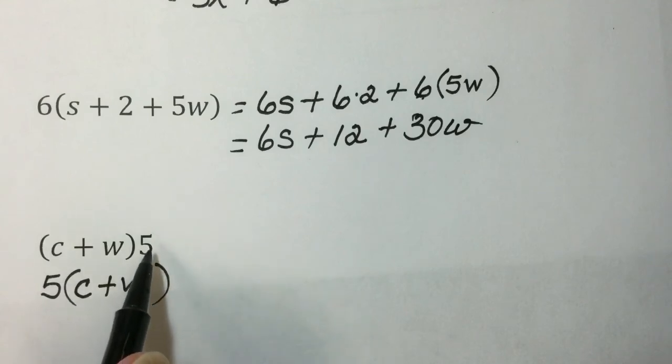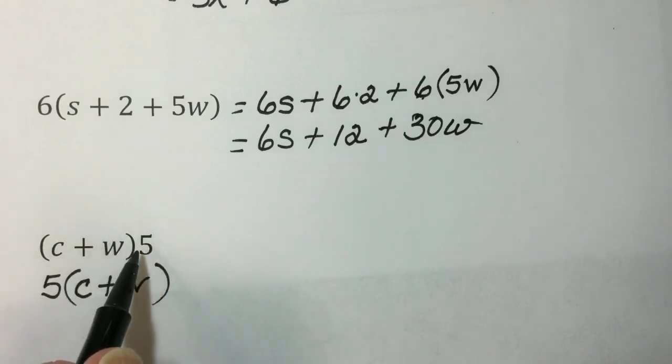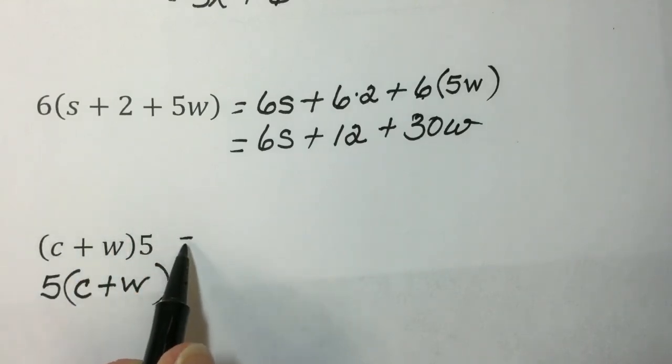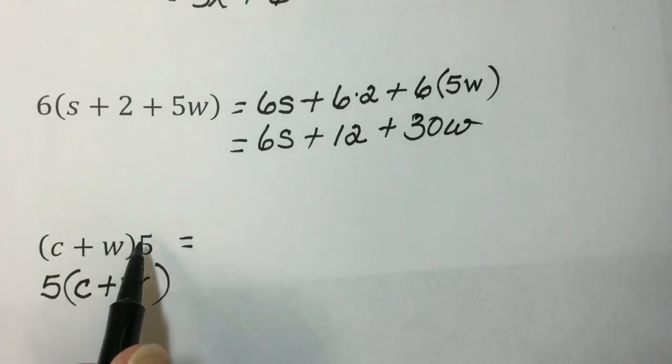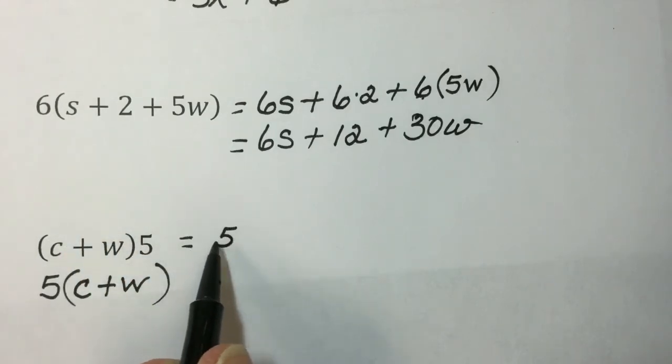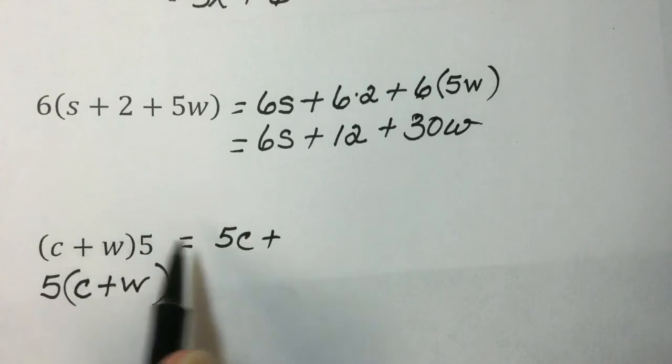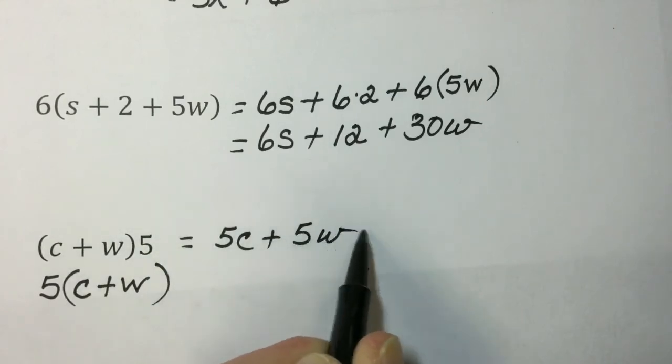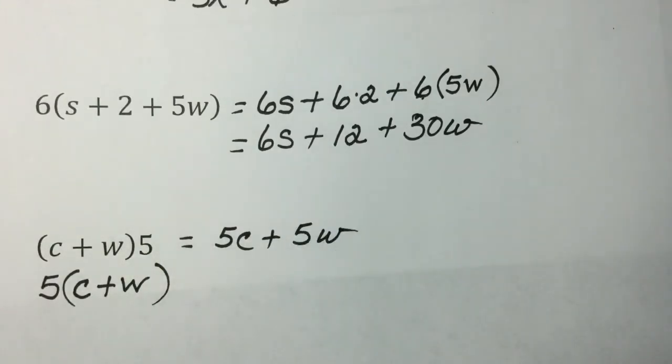Or simply leave it in the form it is, distributing that multiplication across the terms within the parentheses, 5 times c plus 5 times w, and that order certainly could be reversed as well. Either one of these options will give us an equivalent expression, and thus simplified by removing the parentheses.